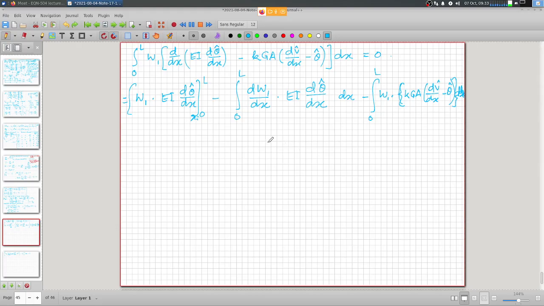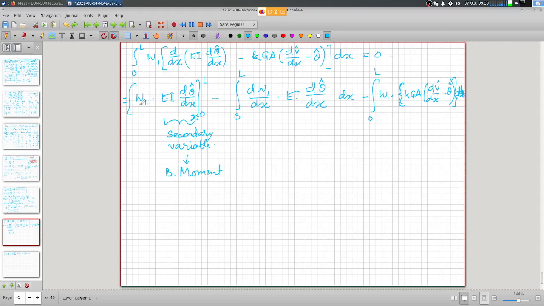So this leads to the identification. This is the boundary term. So this is the secondary variable. What is the secondary variable? This is moment. This is curvature. The rate of change of sectional rotation is the curvature, multiplied by flexural rigidity. So this is the bending moment.